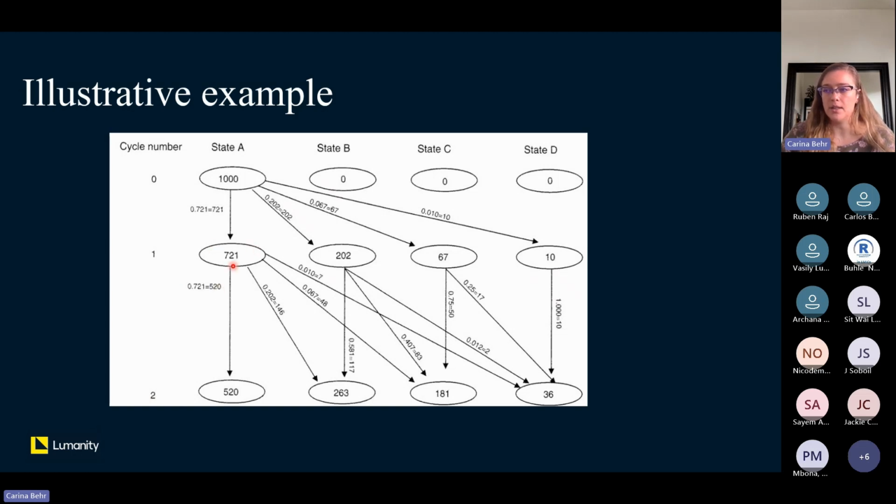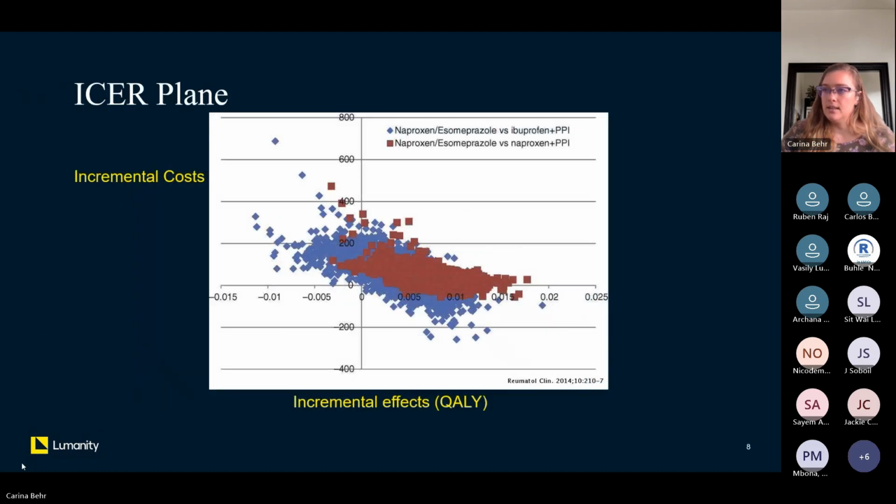Every time you multiply the number of patients in state A, for example, by the transition probability of staying in state A, which then gives you the new number of patients in state A in the next cycle. You can also plot an ICER based on these results, but for today I will not go into that.